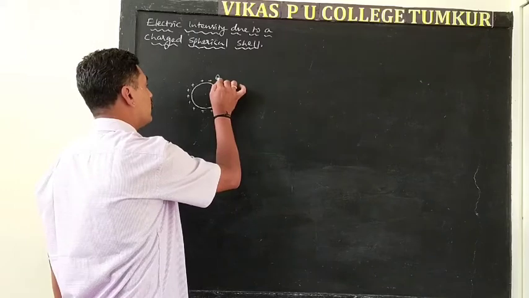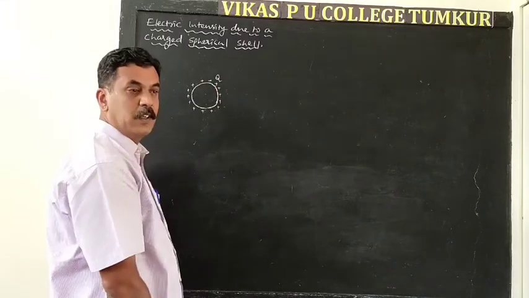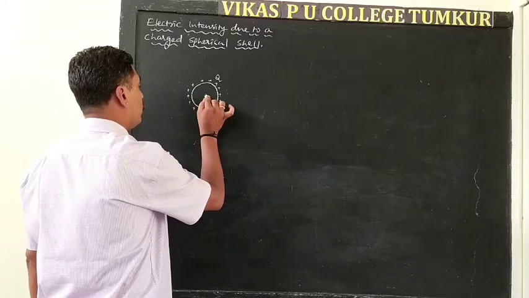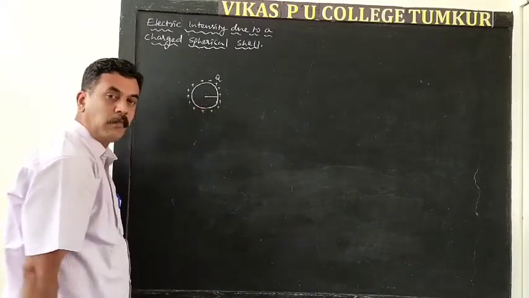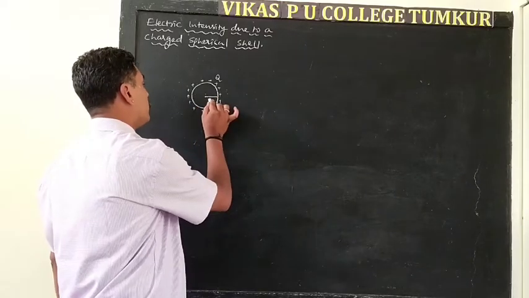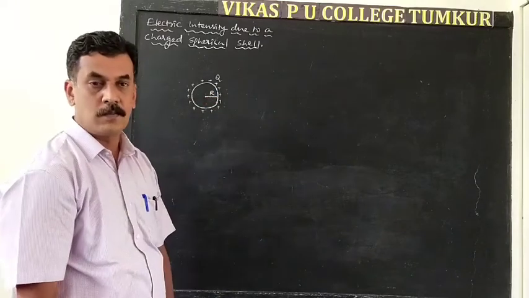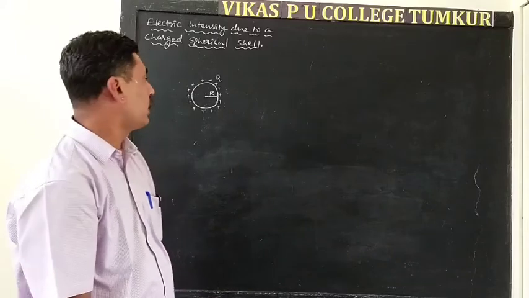We shall say that the charge on the sphere is Q. Also assume that the radius of the sphere is capital letter R. You can also imagine it as small r, whatever it may be.